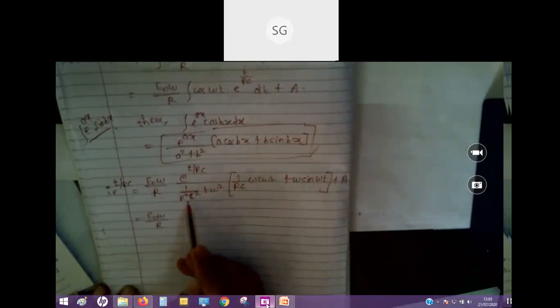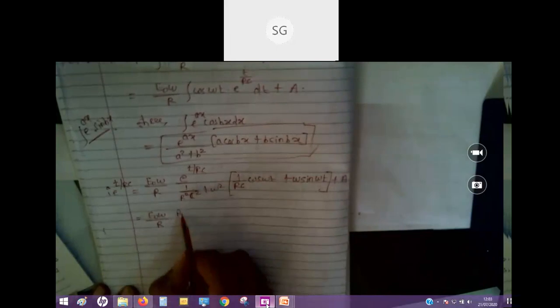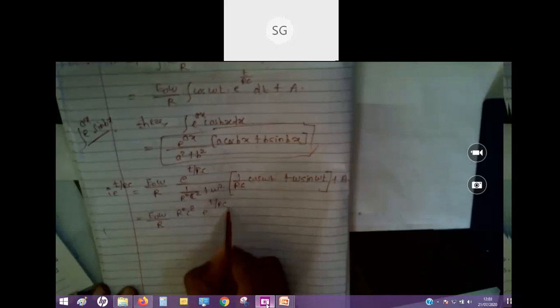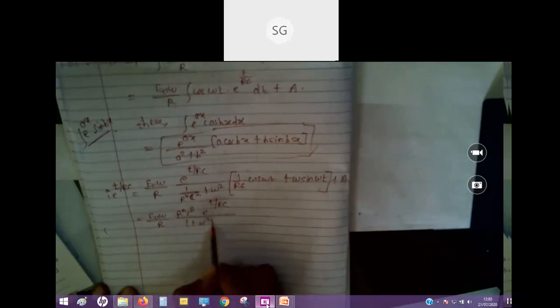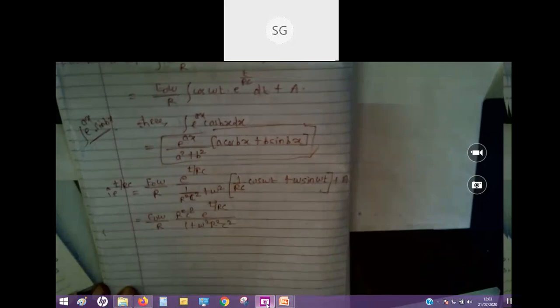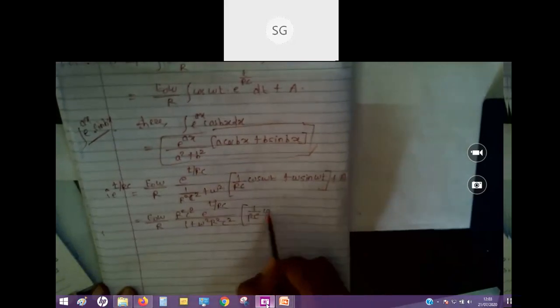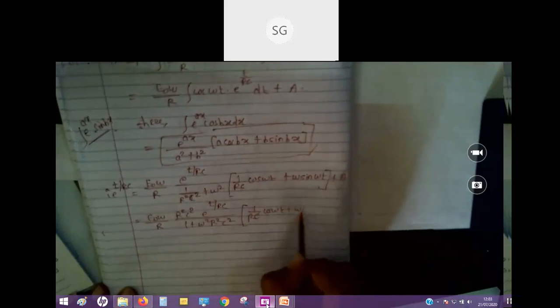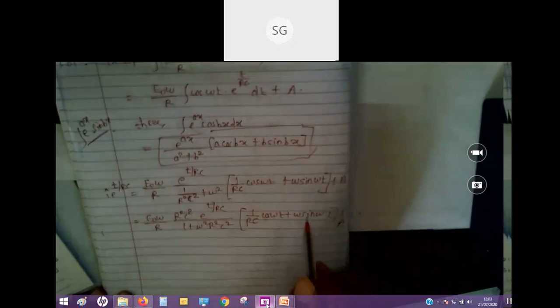If I multiply this, I am directly writing this step: e raised to t by rc, and this 1 plus omega square r square c square, and inside the bracket 1 upon rc cos omega t plus omega sin omega t, plus that constant of integration as it is. I think you are getting these steps now.